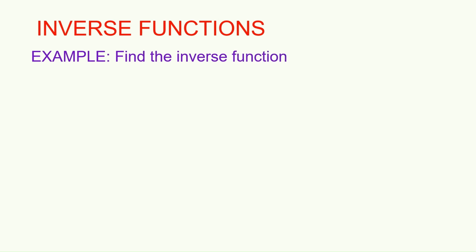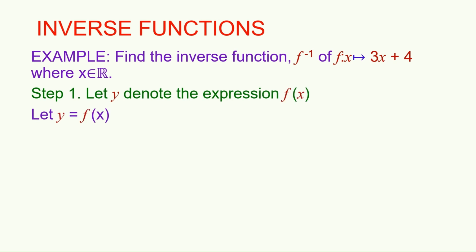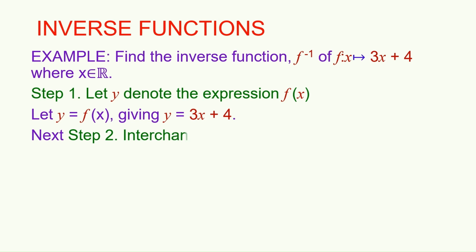Example: find the inverse function f inverse of f of x equals 3x plus 4, where x is an element of the real numbers. Step 1. Let y denote the expression f of x. Let y equal f of x, giving y equals 3x plus 4. Next, step 2. Interchange the variables x and y. That is, x equals 3y plus 4.